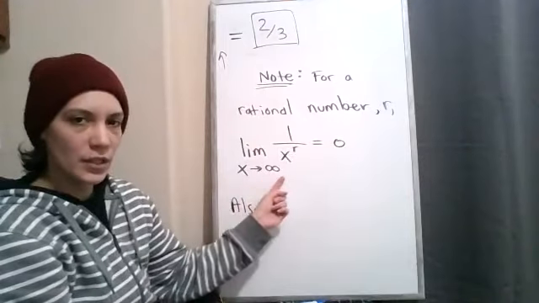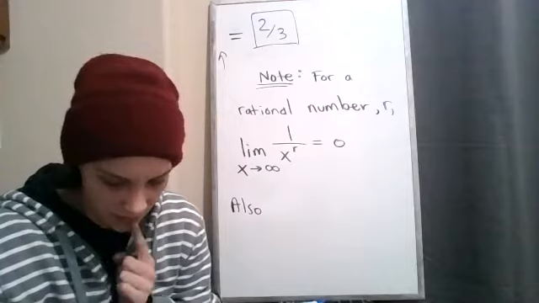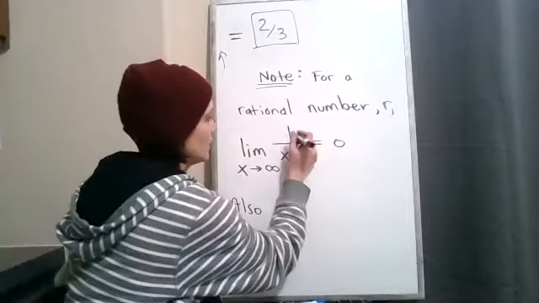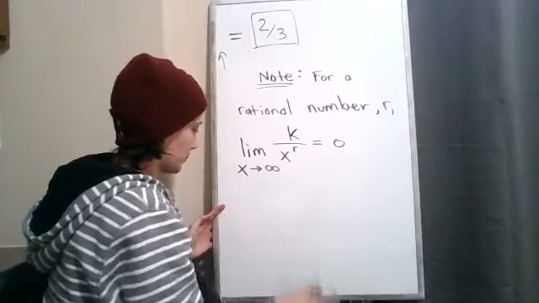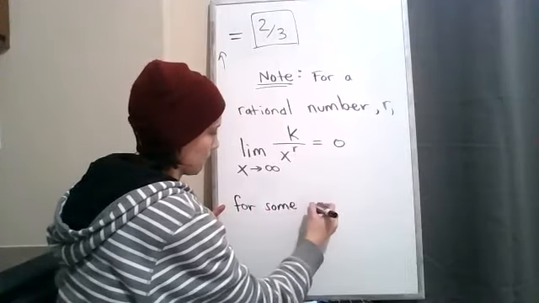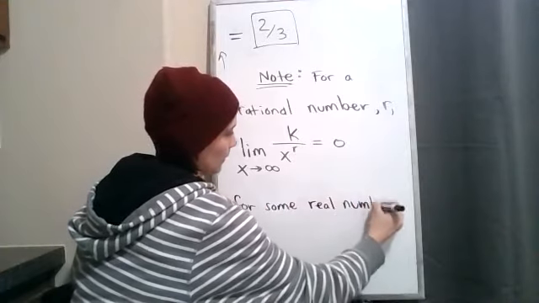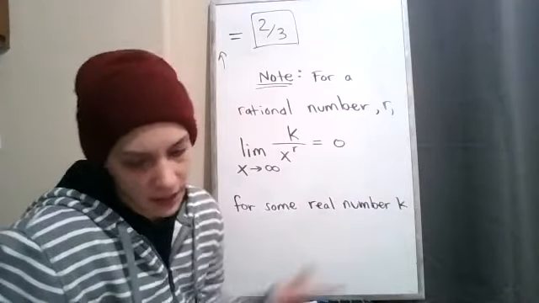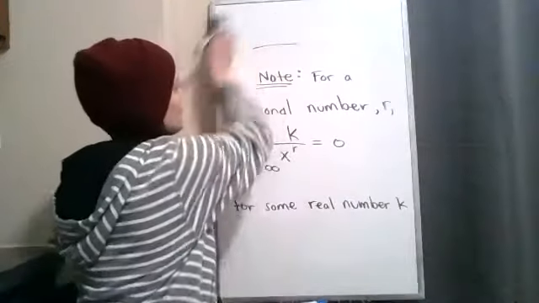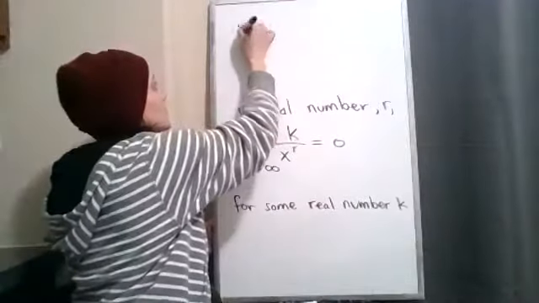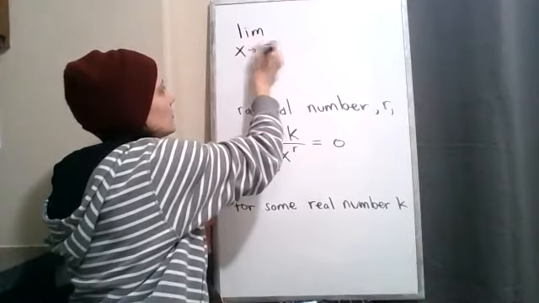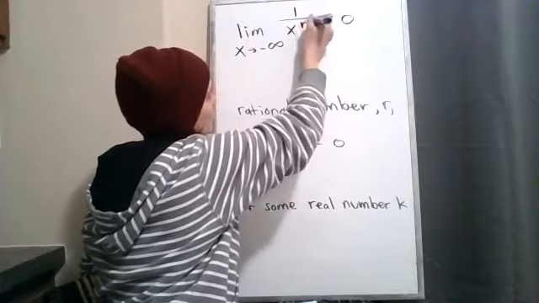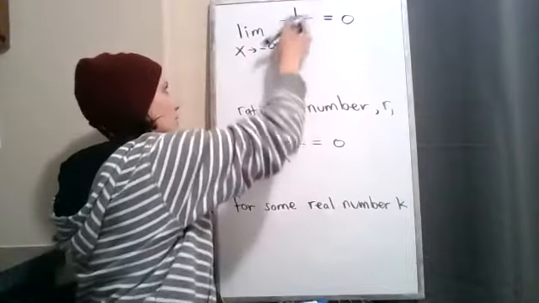Oh, actually, this doesn't need to be the number 1. It can be some k, where k is a constant. Let's see what happens if you go to negative infinity. You also get 0.